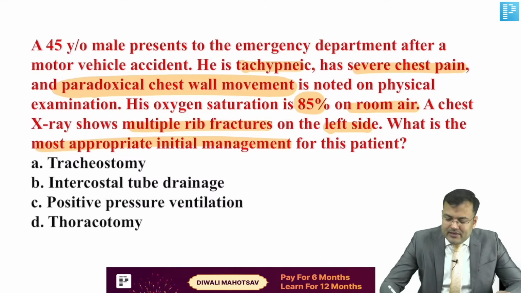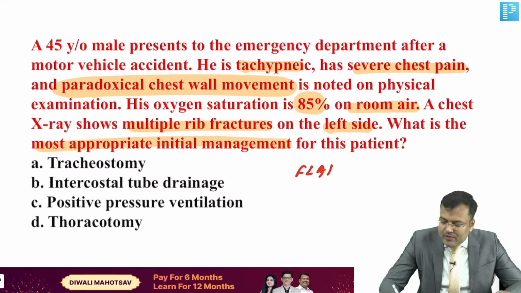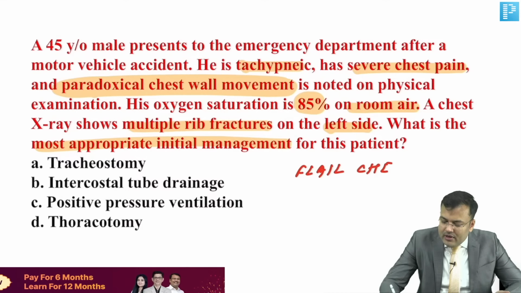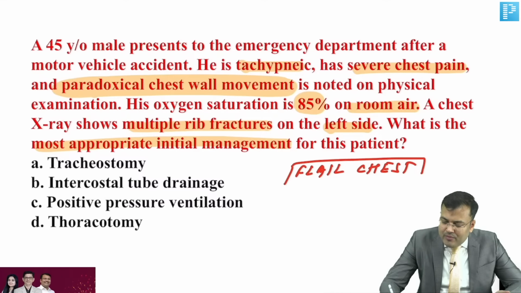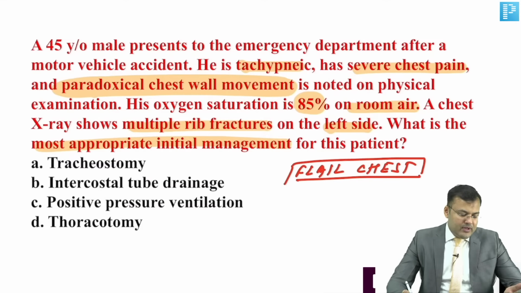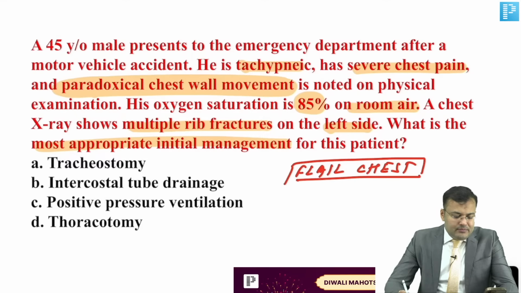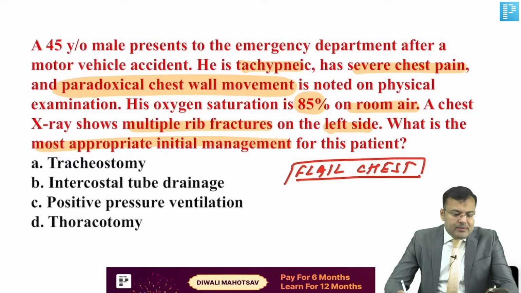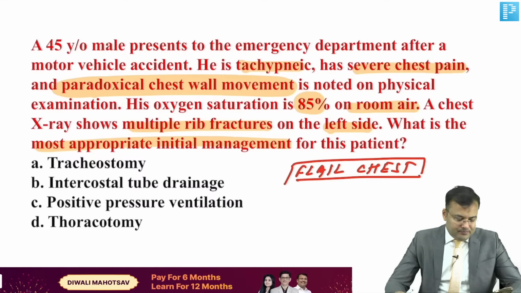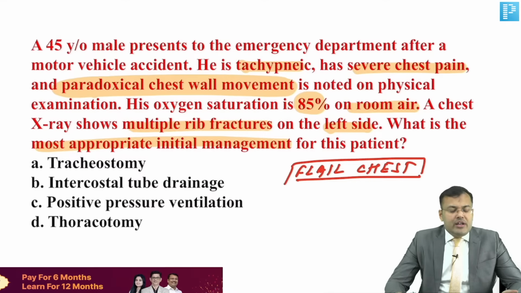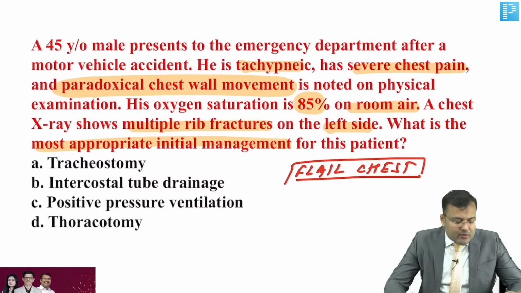Can anybody tell me the definition? Fracture of how many ribs, at how many places? Waiting for your reply, guys. According to the new definition, it's 3 or more than 3 ribs.